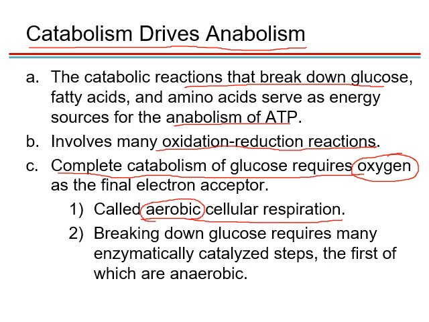We can also break down glucose anaerobically, but we will see this is shortchanged. In anaerobic, we don't fully break down glucose, so we don't get the full potential of glucose. To get the full potential, we have to have oxygen to do aerobic cellular respiration.